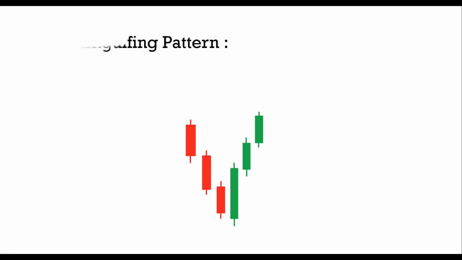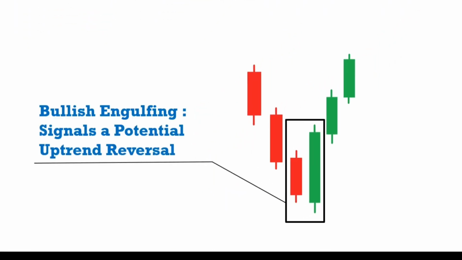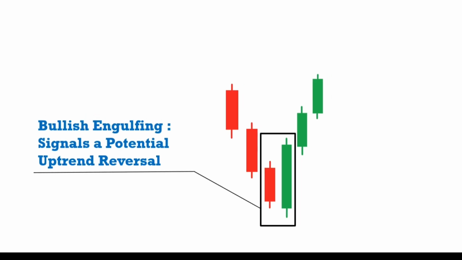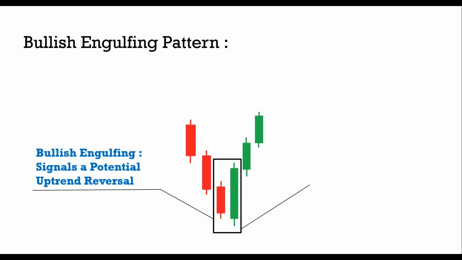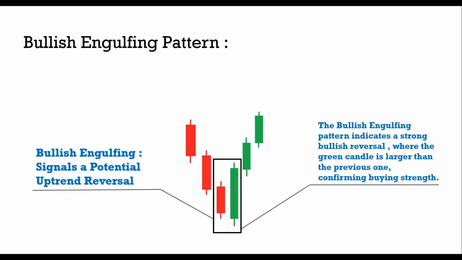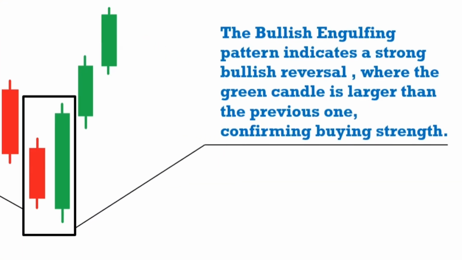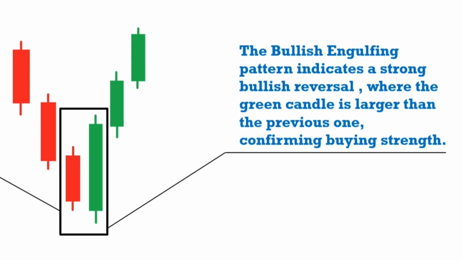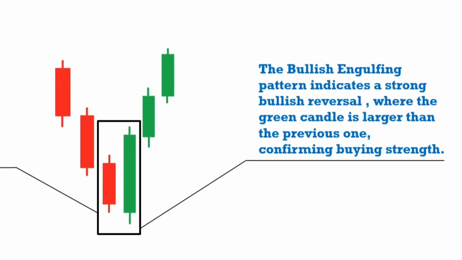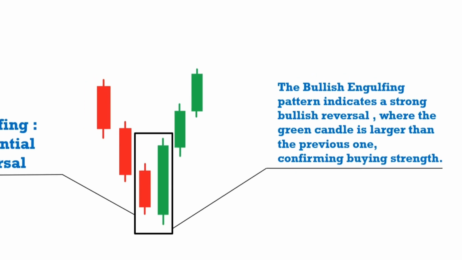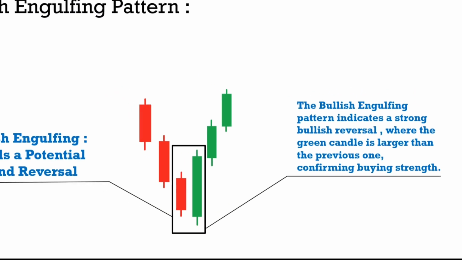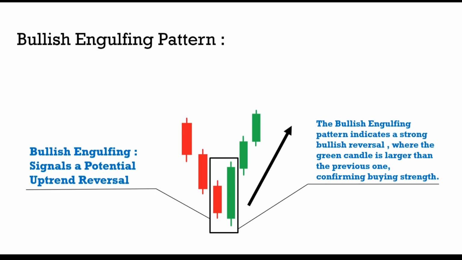Here we have the bullish engulfing pattern, where the green candle fully engulfs the previous red candle, signaling a potential reversal and the start of an upward trend. The bullish engulfing pattern indicates a strong bullish reversal, where the green candle is larger than the previous one, confirming buying strength.